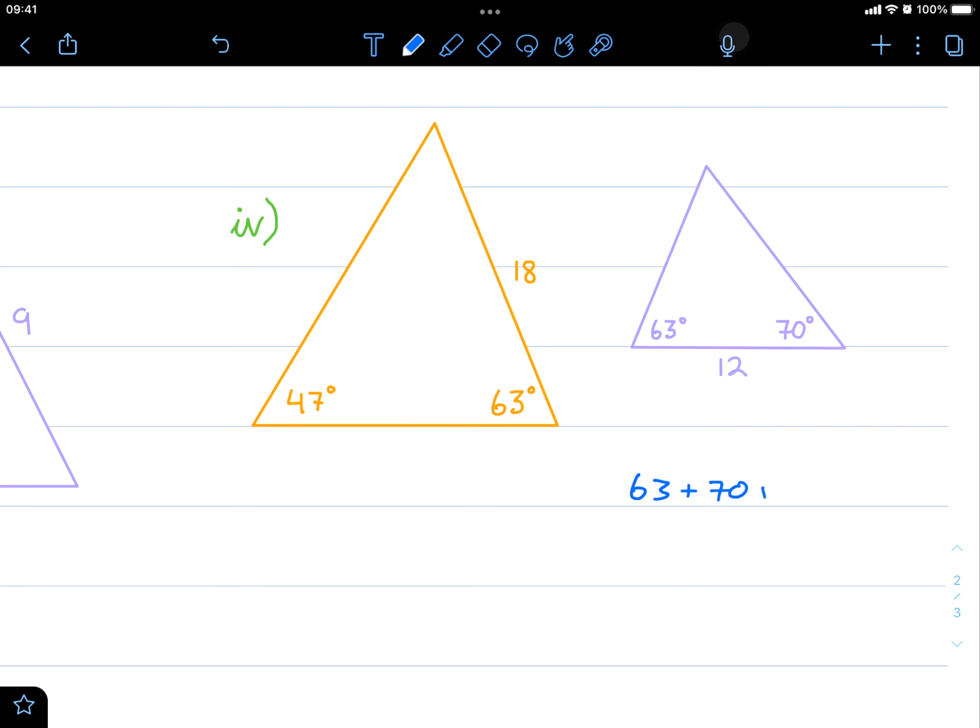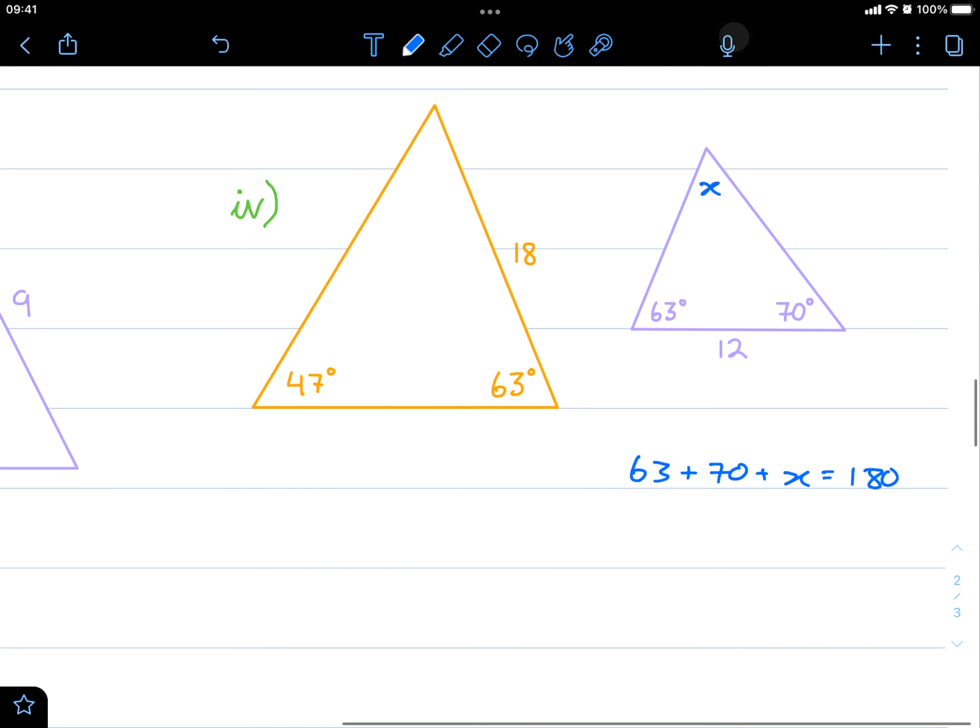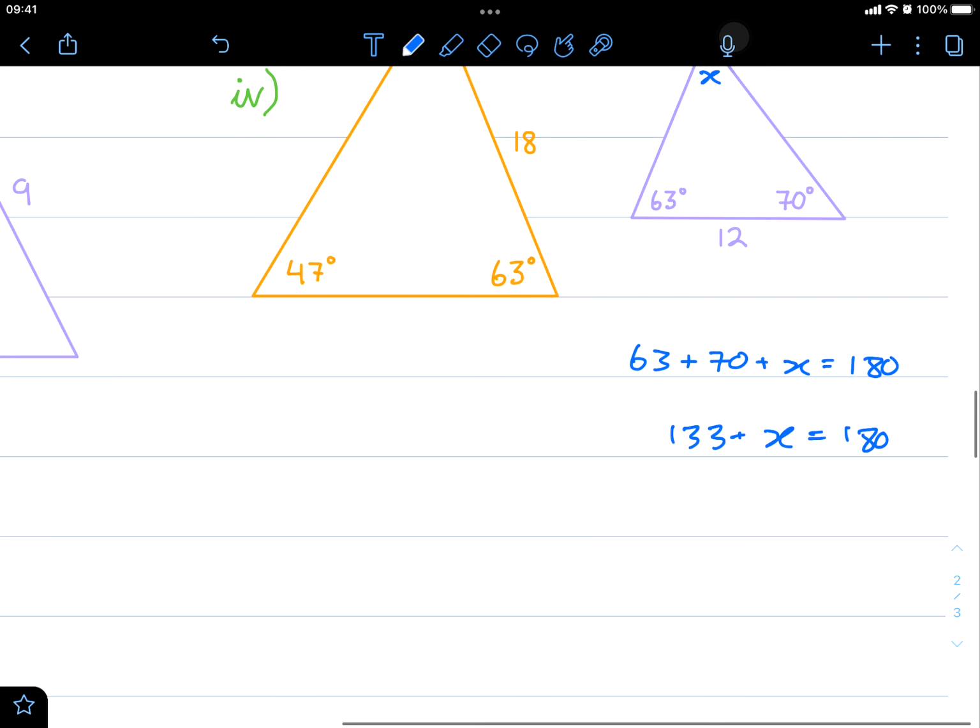So 63 plus 70 plus x. Every triangle must add up to 180 in the angles on the inside. 63 plus 70 is 133, plus x equals 180.